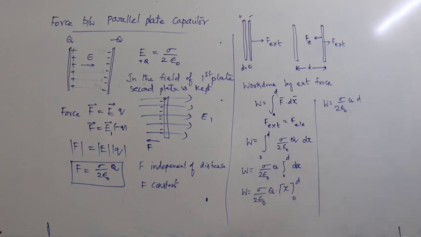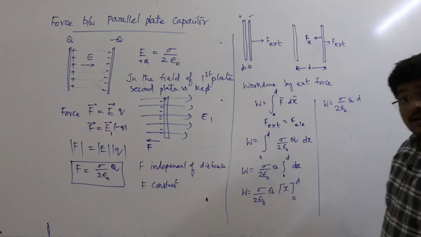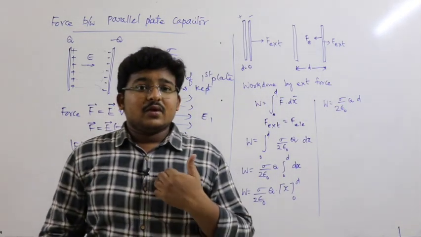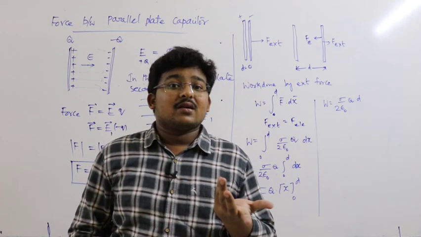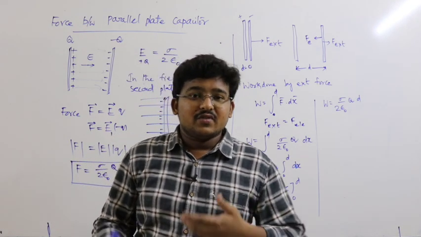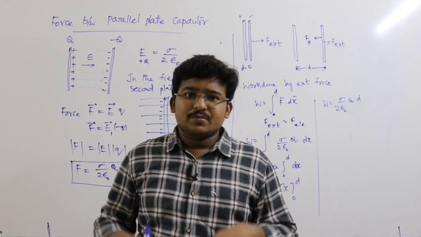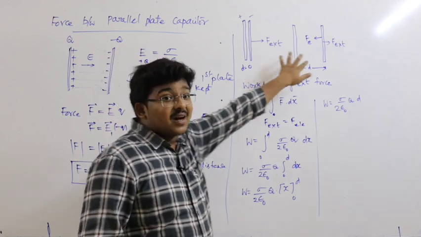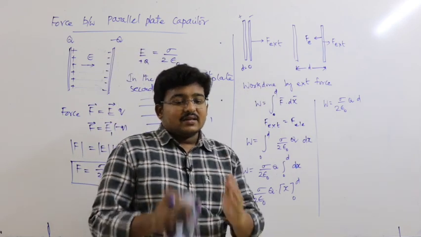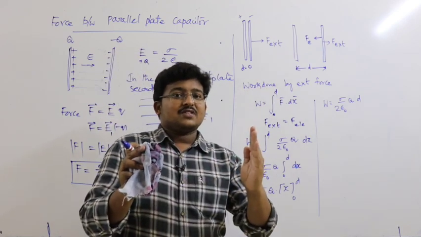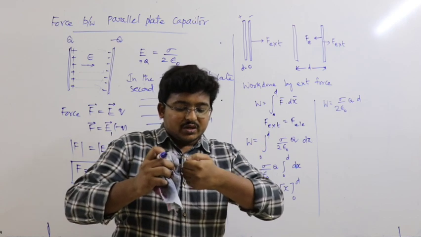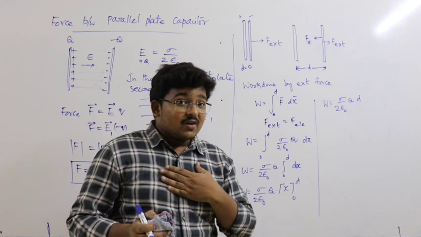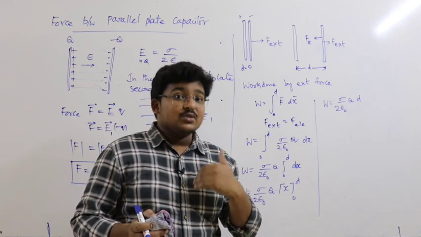Okay, right. Now, sir, we did some work. It means we lose some energy. Where will that energy go? That energy will go into the capacitor, because the capacitor now has some distance. To get that distance, we did some work, and because of our work we lose energy.